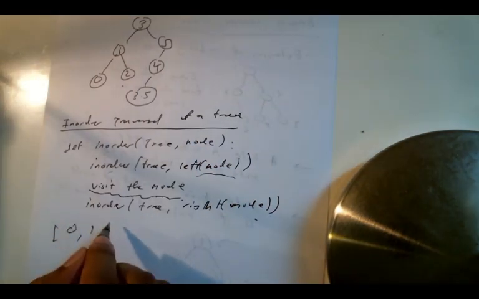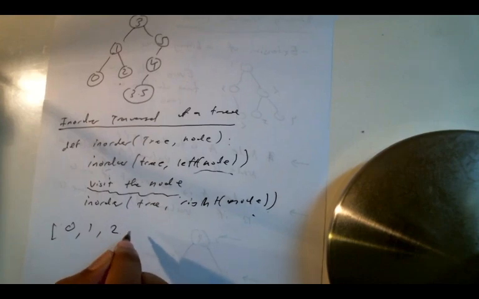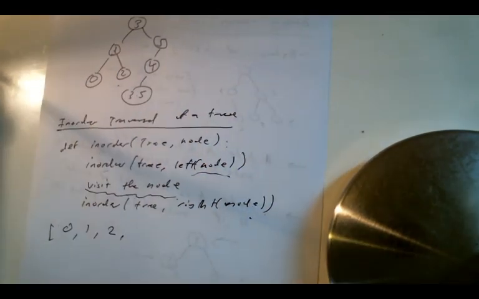So we have 2. 2 does not have a left subtree, and it does not have a right subtree. So we go back, but with 1, we've already visited the left subtree, we've written down the node, we've written down the right subtree, so we can simply backtrack even further to 3. Now we've visited the entire left subtree of 3, so we write it down.